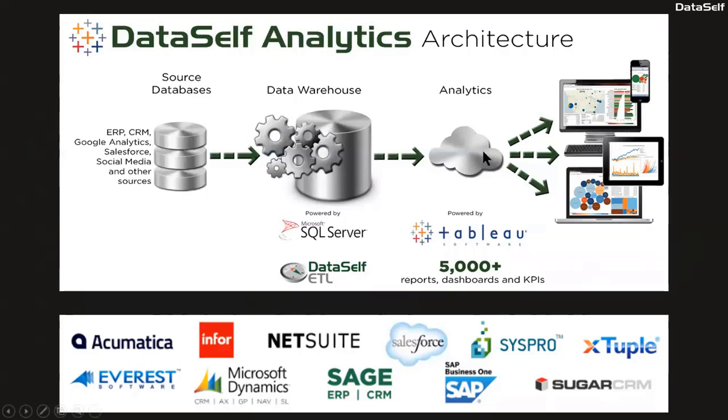We've been building and refining this solution for about 14 years. And over these years, we have built a lot of out-of-the-box reports. Currently, there are more than 5,000 reports out of the box, covering financials, sales, inventory, purchasing, receivables, payables, CRM opportunities, payroll, and other areas.